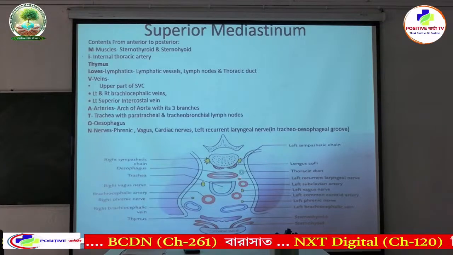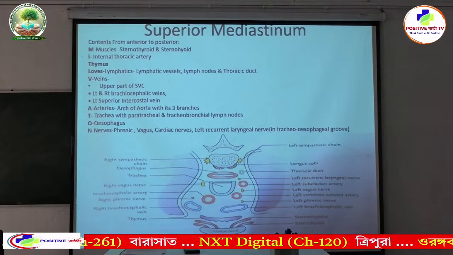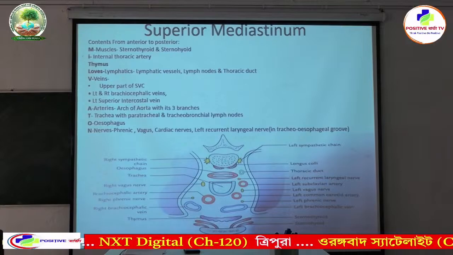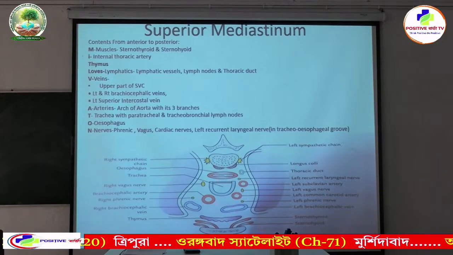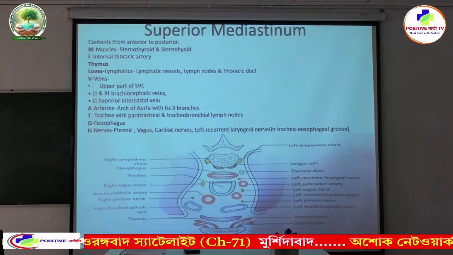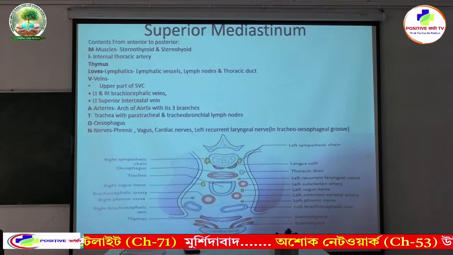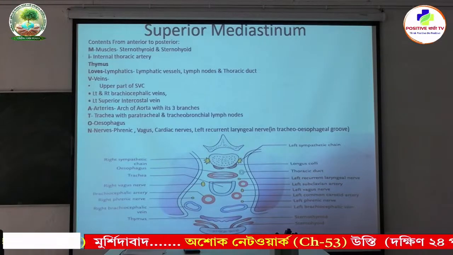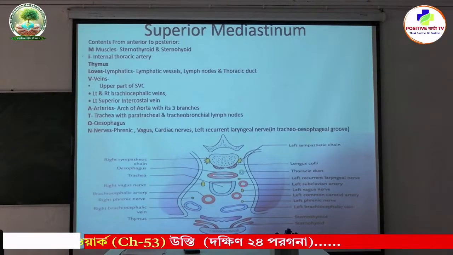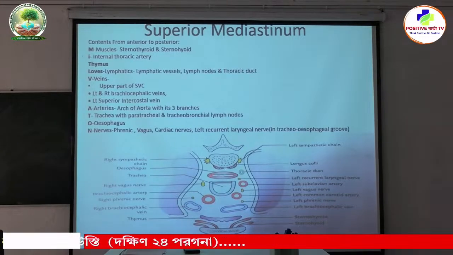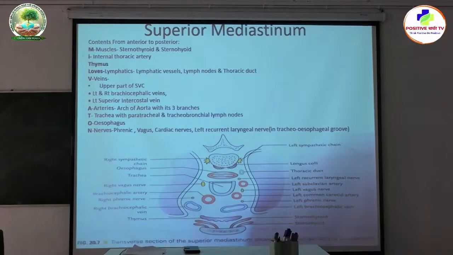From the vagus nerve, this left recurrent laryngeal nerve is lying in the tracheoesophageal groove, in between the trachea and esophagus. Trachea has C-shaped cartilage, and posteriorly the two ends of the cartilage are joined by the trachealis muscle. And the cartilage is absent posteriorly for helping the distension of the esophagus during intake of food.